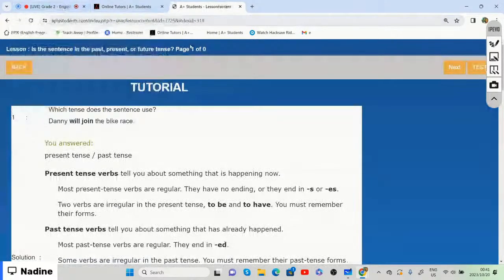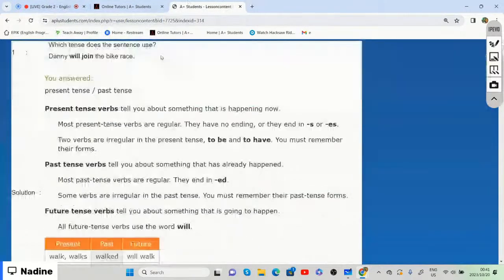We said that when it comes to past, present, and future tense, we have present tense verbs, and the present tense verbs tell you about something that is happening now. And we said most of the verb tenses are regular, which means that it either just ends in an S or it ends in an ES.